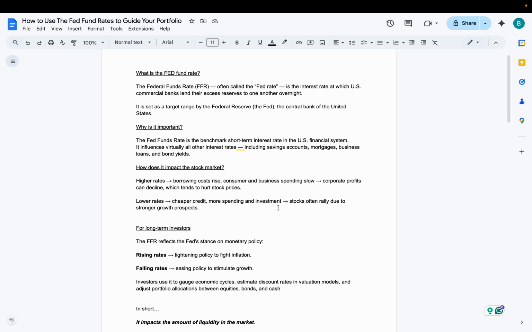But if you think about it from the investment point of view, as an investment manager, say you are managing a fund and choosing what to invest in, when there is a higher Fed fund rate, it usually means that your treasury yield is a lot higher now. So you could park your money in higher yielding assets at virtually close to zero risk, unless the United States blows up, but that's not likely the case.